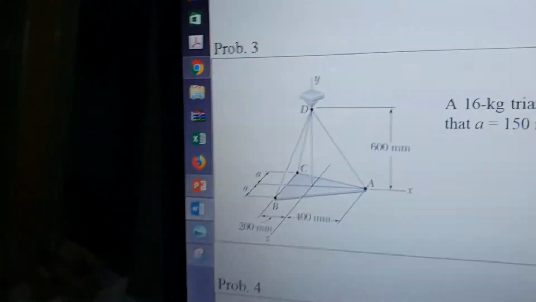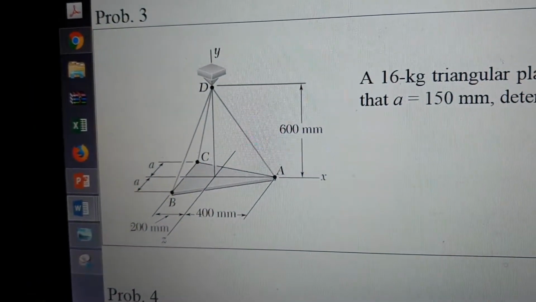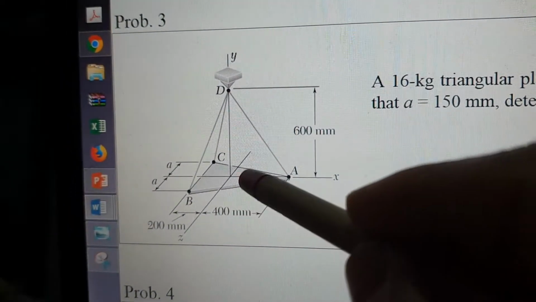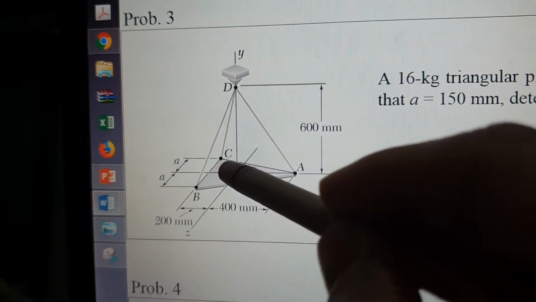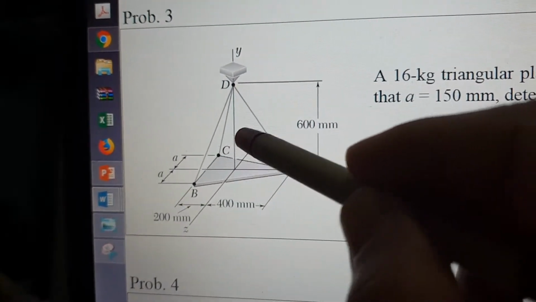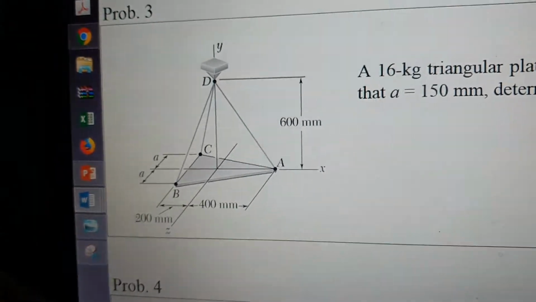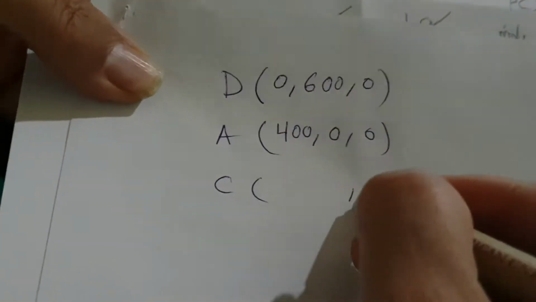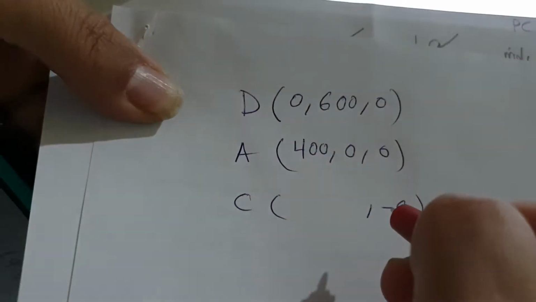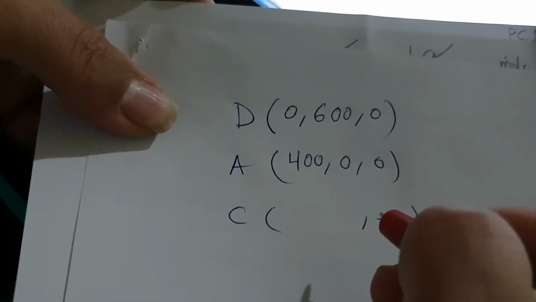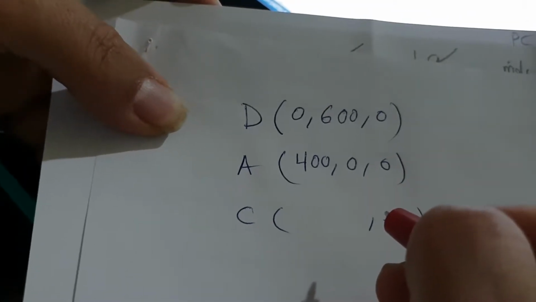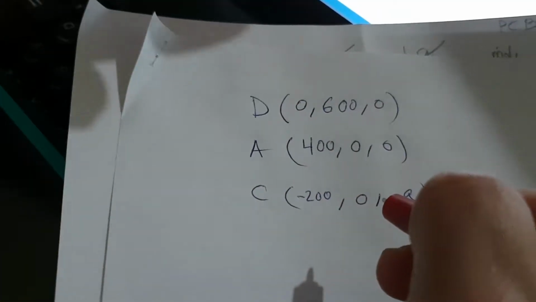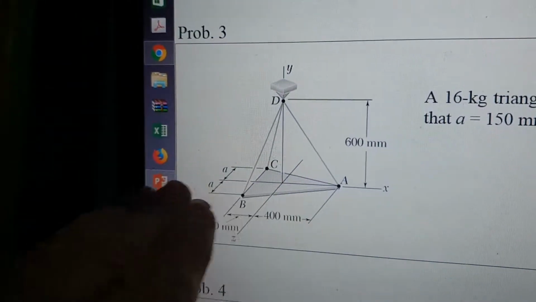Let's look at C. You can see it is going in the negative z, minus a, and there is nothing in the y, and in the x it is in the negative x, minus 200, and 0 in the y, because C is in the floor.